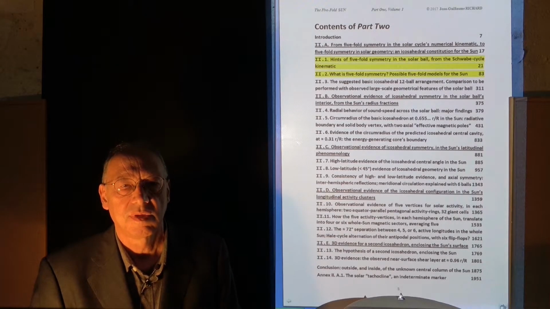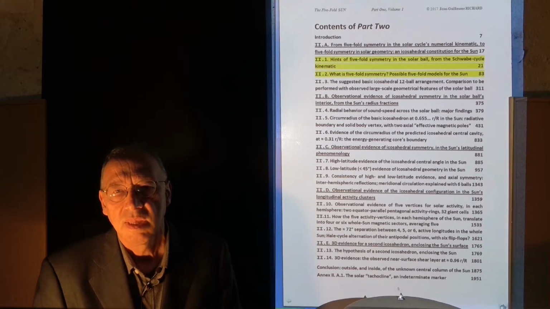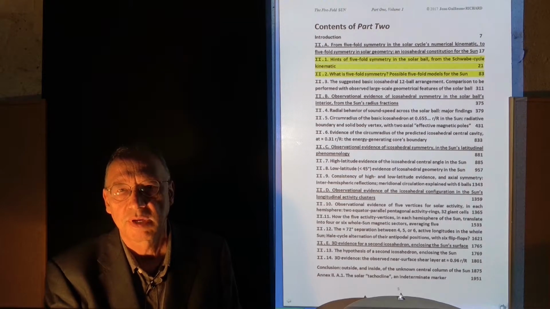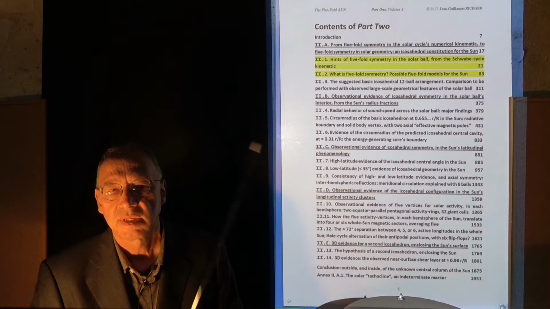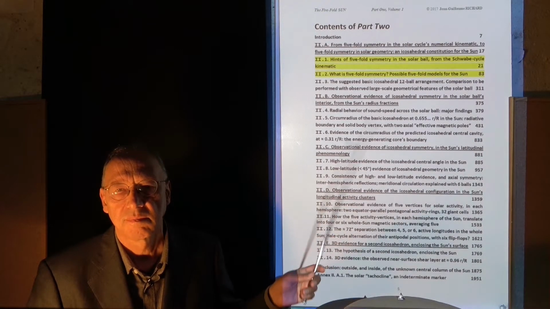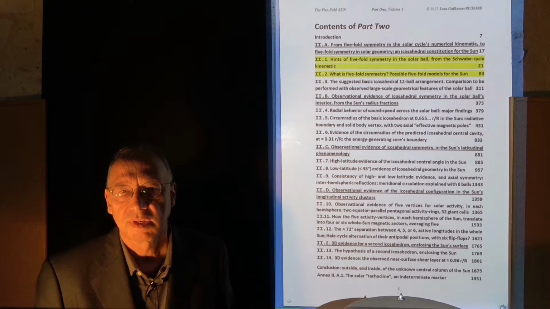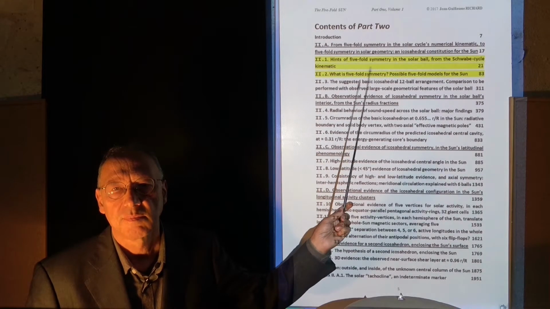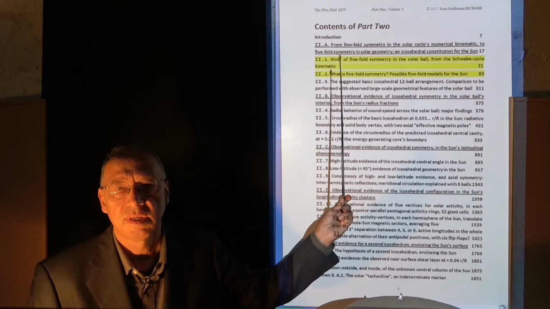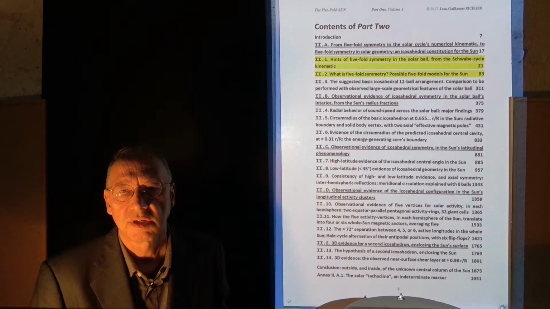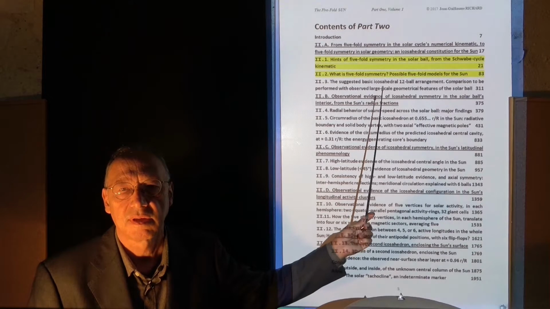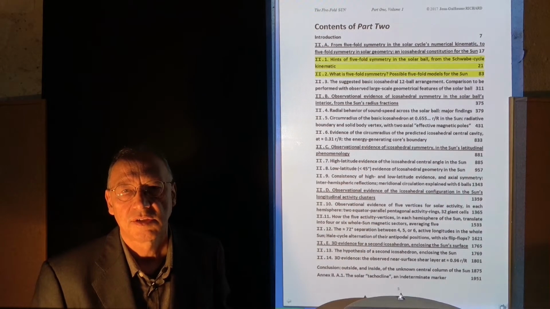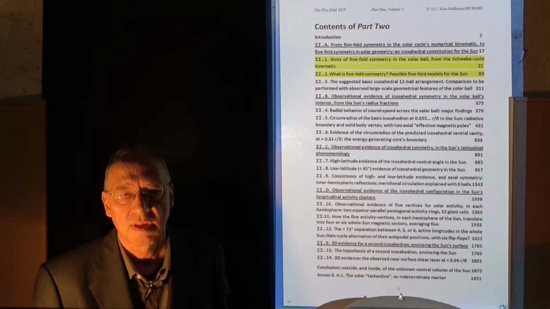The entire contents of part 2, you see this is a rather dense part composed of several volumes, is as follows. In part A, we deal with fivefold symmetry in general until we arrive at the suggestion of a geometrical model in 3D for the Sun.